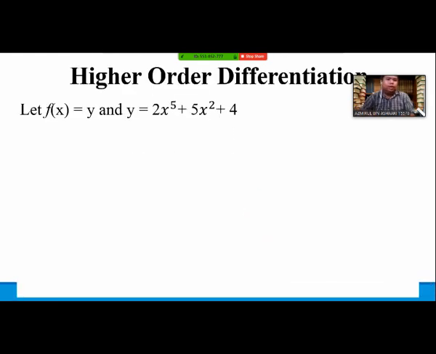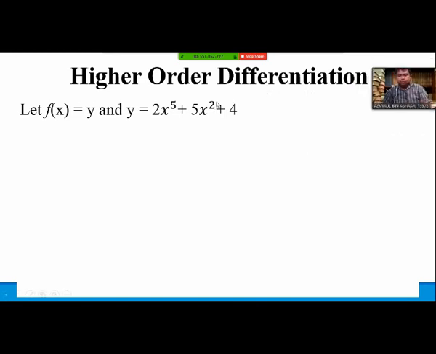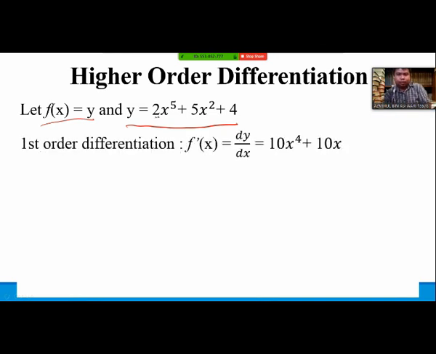Next, we go to the higher order differentiation. Suppose that you have f(x) equal to y, and y becomes like this. If you differentiate the first time, you will get this: 5 moves to the front, 5 times 2 becomes 10, and 5 minus 1 becomes 4, so this is the power of 4.